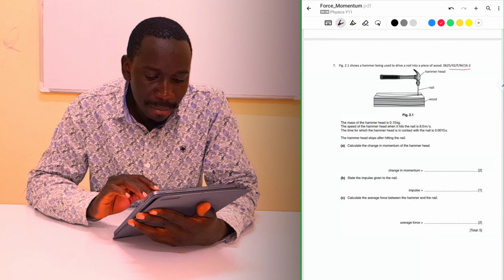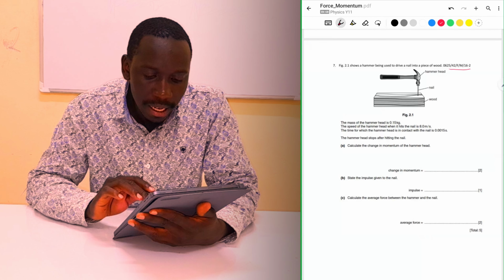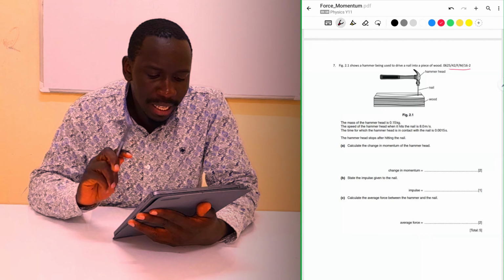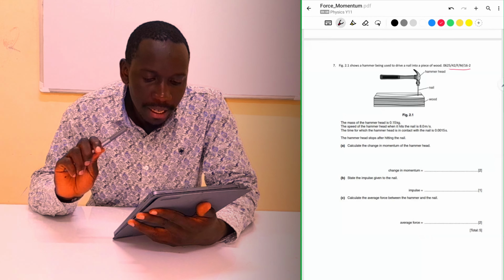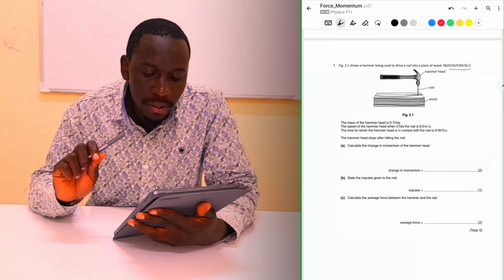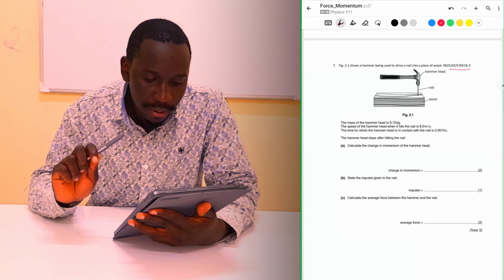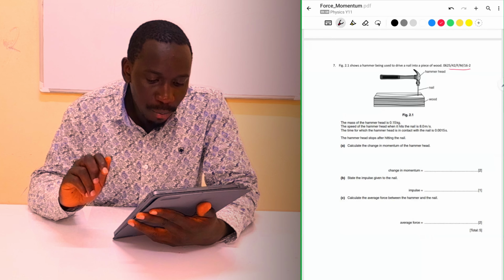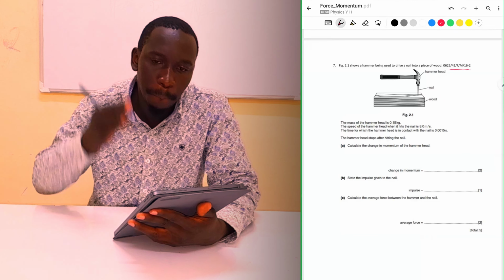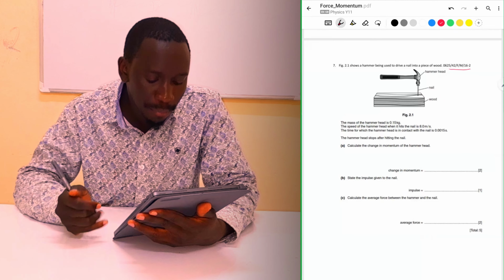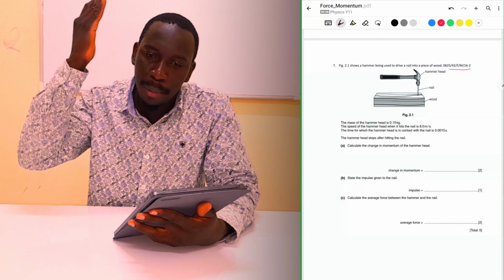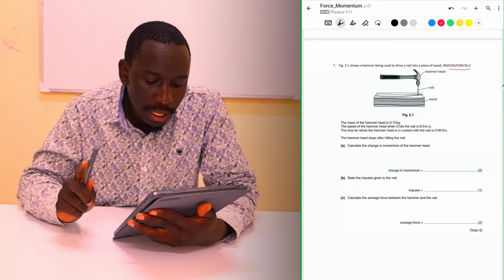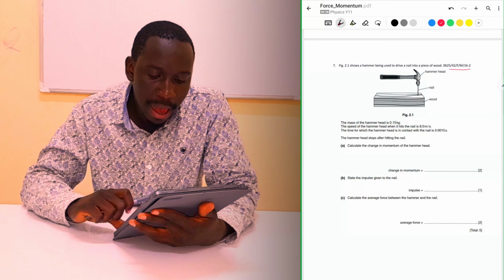The speed of the hammerhead when it hits the nail is 8.0 meters per second. The time for which the hammerhead is in contact with the nail is 0.0015 seconds. The hammerhead stops after hitting the nail. So that time is very short because that is the time of contact. Calculate the change in momentum of the hammerhead.